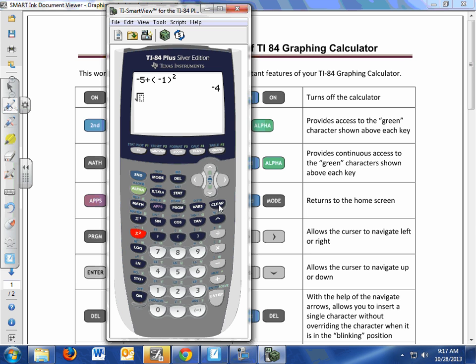Well, the green button actually will access the stuff in green. So all these letters. So where is T? You have to press alpha each time if you want to do this. But you can write stuff down.